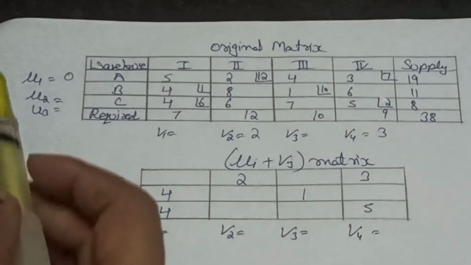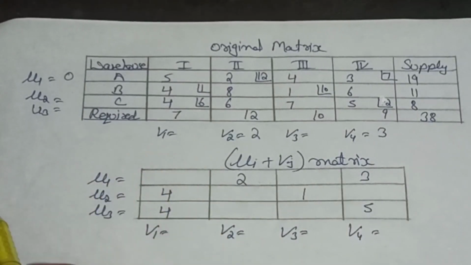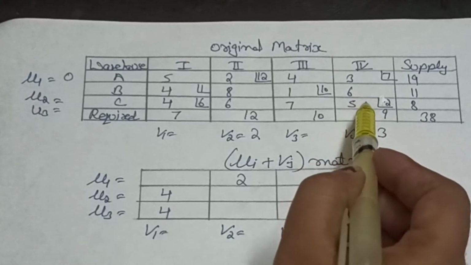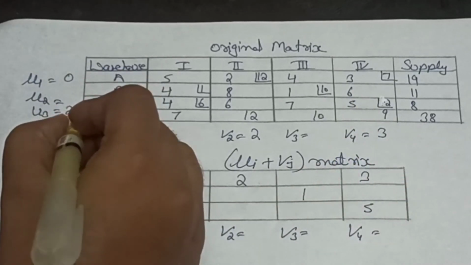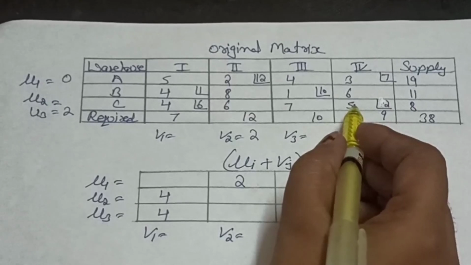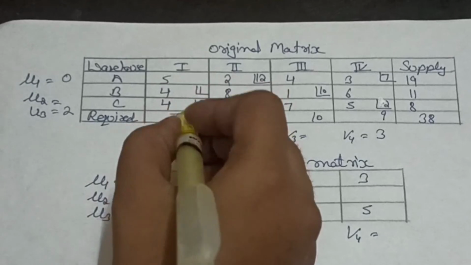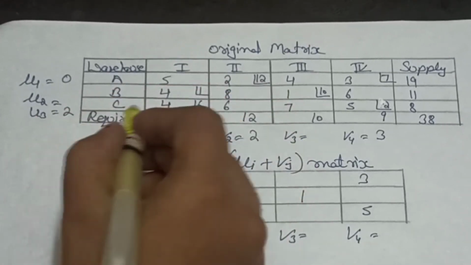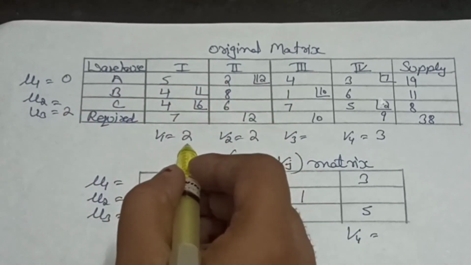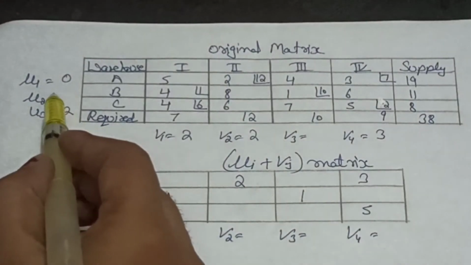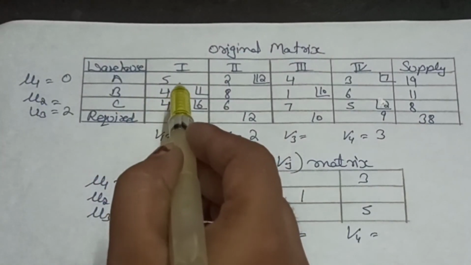Now we will calculate our other ui and vj values. u3 plus v4 is equal to this cell. So we can say 2 plus 3 is equal to 5. u3 plus v1 is equal to this cell. So we can say v1 is equal to 2, because 2 plus 2 is equal to this cell, means 2 plus 2 is equal to 4. u2 plus v1 is equal to this cell.